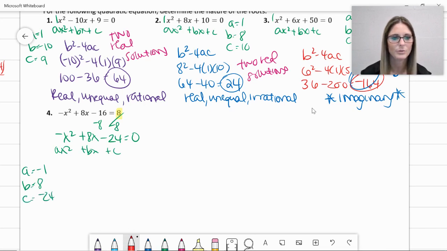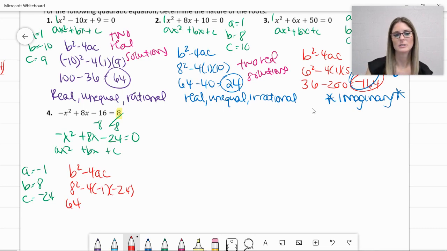So let's do the discriminant. 8 squared minus 4ac. 64 minus 96. Oh, that's going to be a negative. 64 minus 96 is -32.